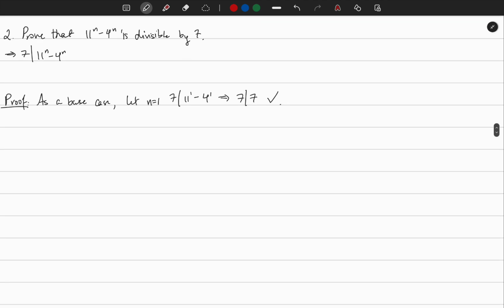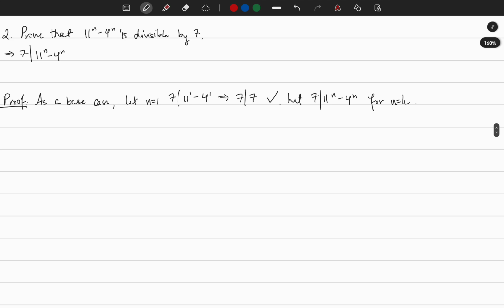Now you want to assume that the statement is true for the nth case, so let 7 divides 11 to the n minus 4 to the n be true for the n equals kth case, such that, well, what does it really mean for this to be true?